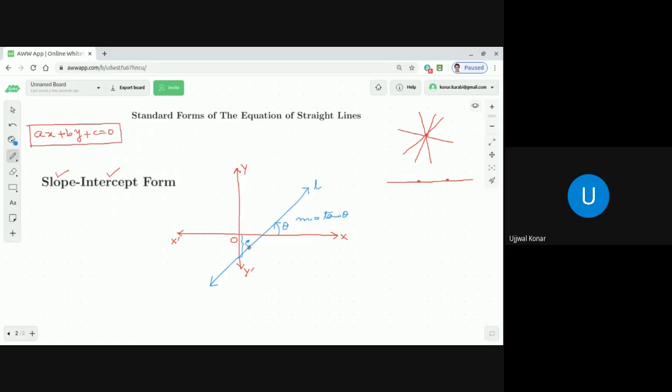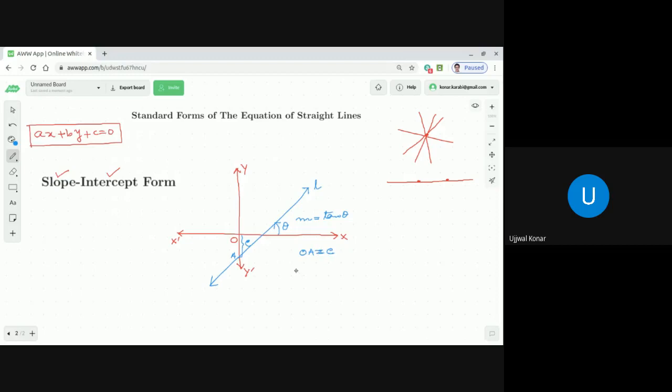Suppose that straight line L intersects the y-axis at the point A. Then OA is equal to c.